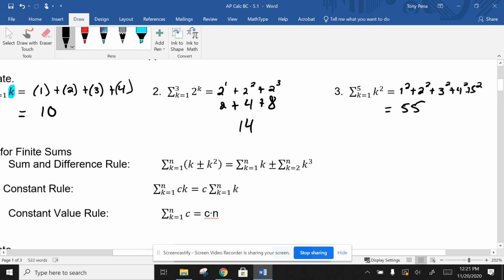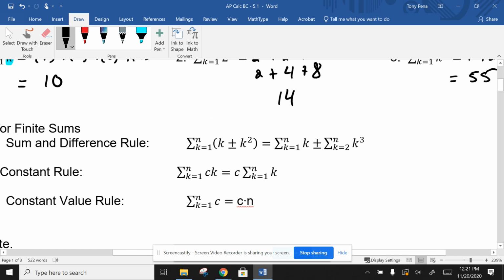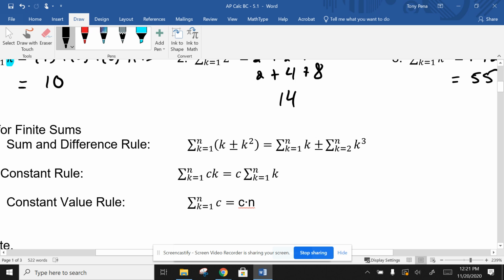Sum and difference rules for these. If we ever have two different terms, like let's say we want to add k plus k squared, we could if we want. Actually, I see a little typo here. This is a k squared. Turn this thing into a k squared also.